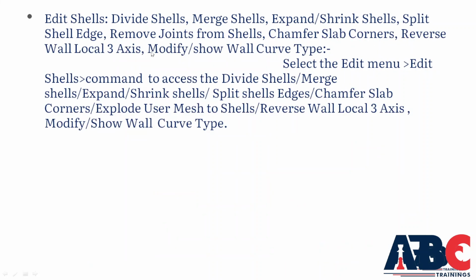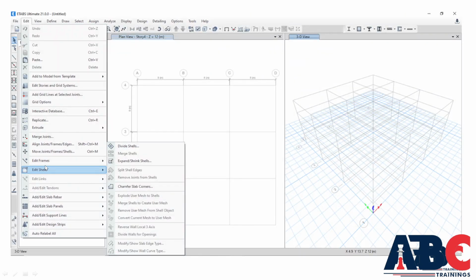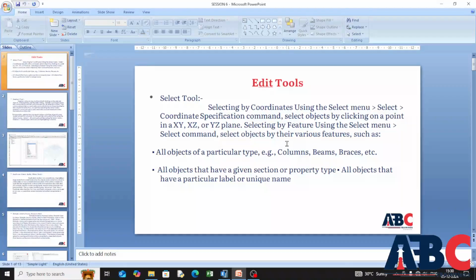Once you have edited your frame, then you have to change your shells. Sometimes a one way slab is converted into two way, or two way into one way. At that time you have to edit it. Here you can see edit shells. I will show you in the software.